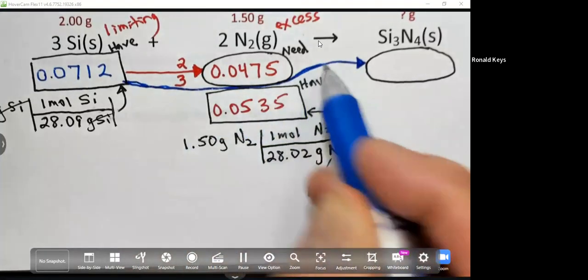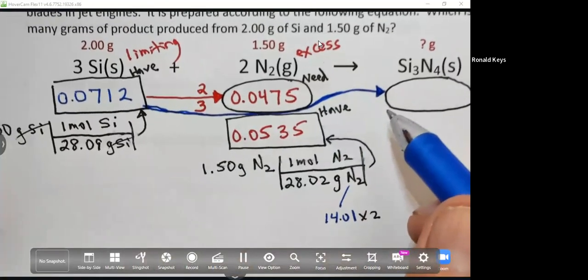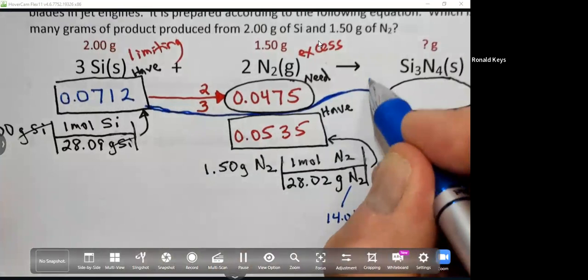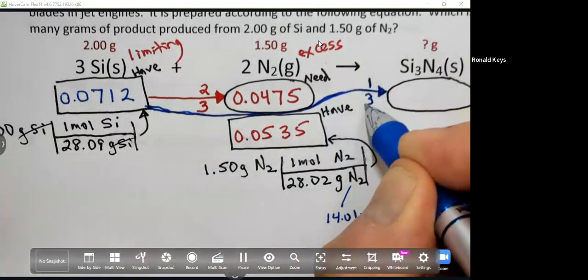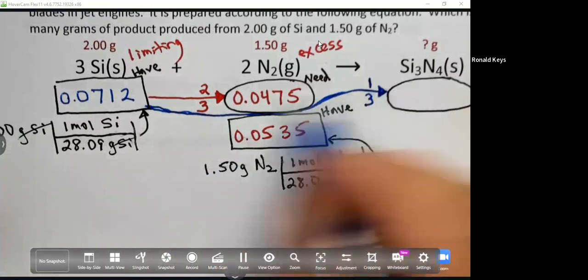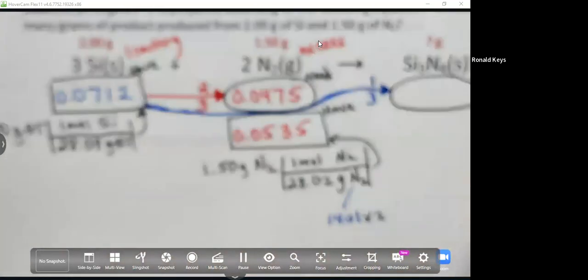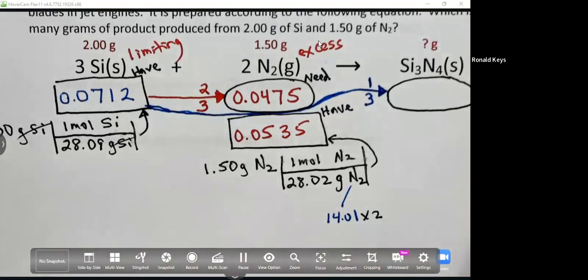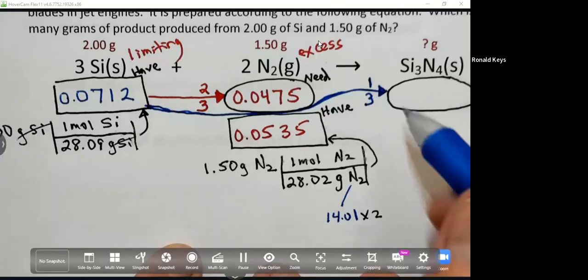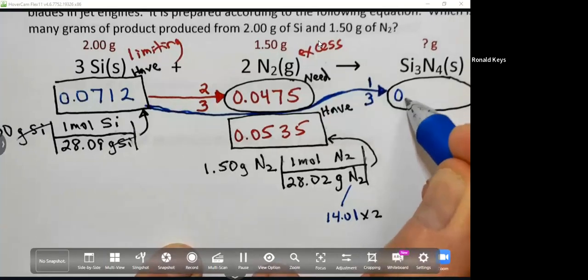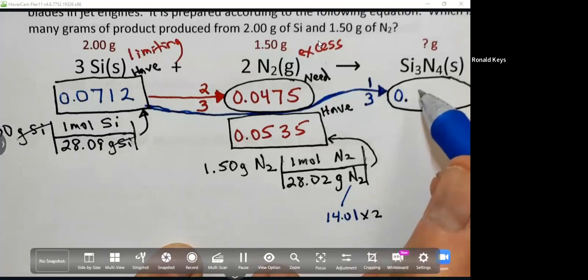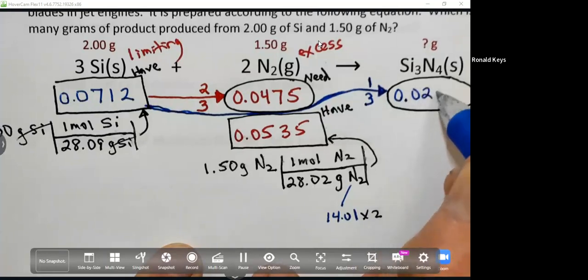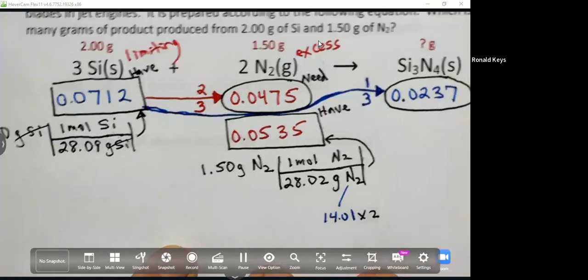I come out of what I have of the limiting, and my mole ratio is 1/3, right? So if I take my 0.0712, I am going to get 0.00237. Yes?